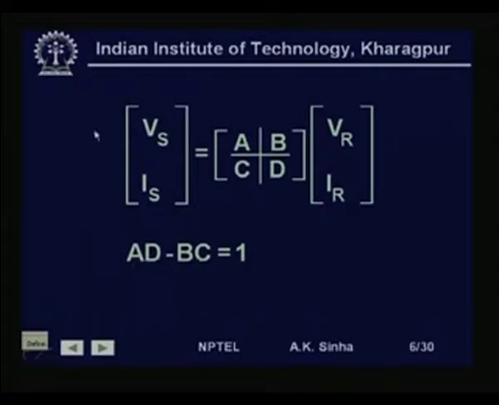That is, if we are putting this relationship in a matrix form, we get V s I s is equal to A B C D into V r I r. This is the general transmission line ABCD parameter model for any transmission line, with the relationship that A d minus B c is equal to 1.